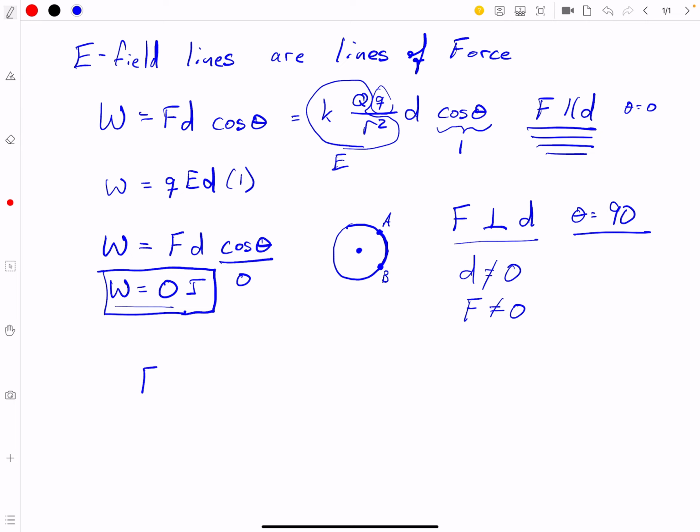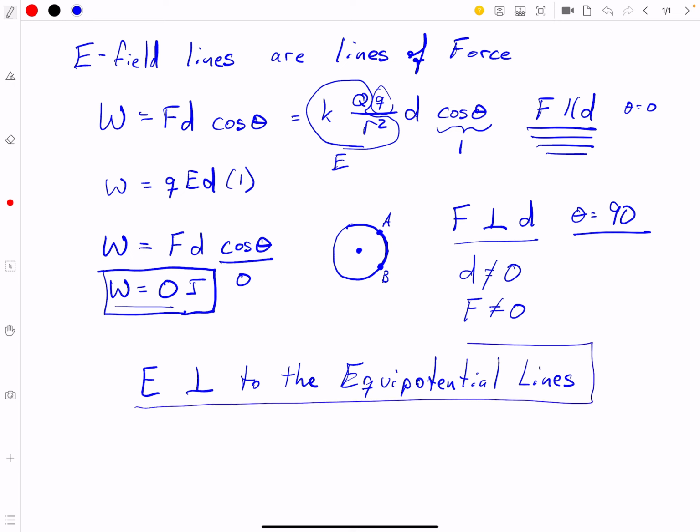So E is perpendicular to the equipotential lines. That seems like a good test question right there. Don't you think?